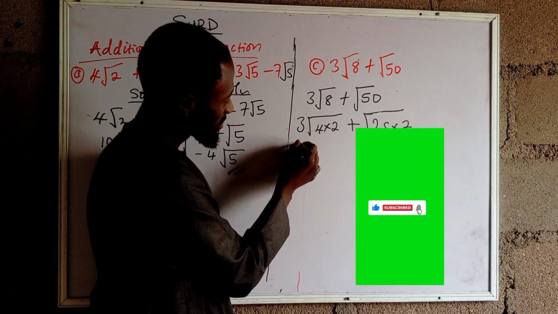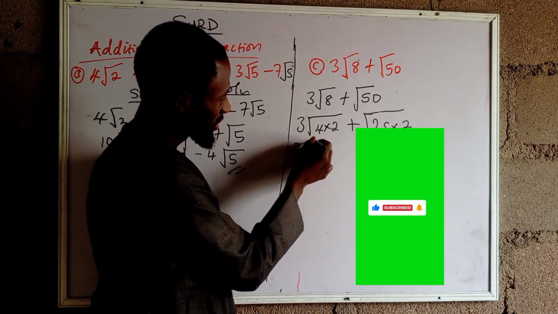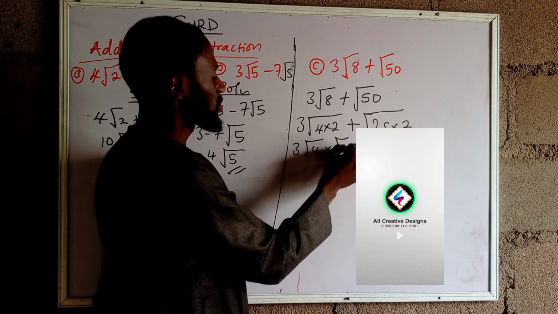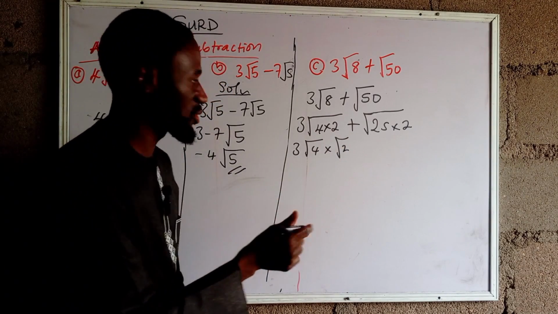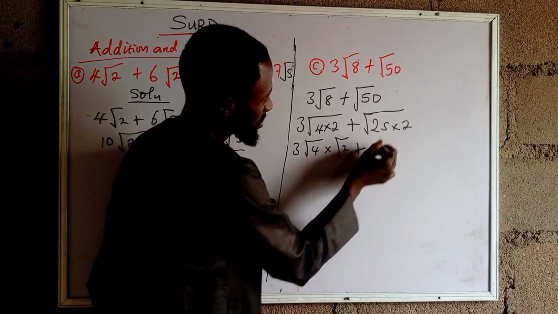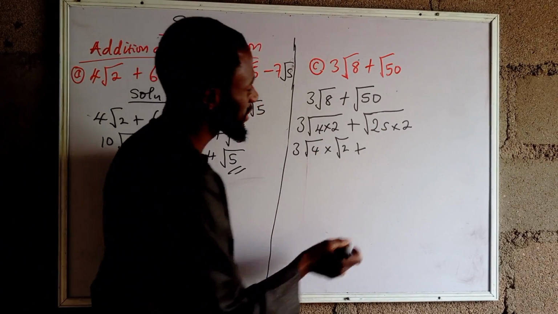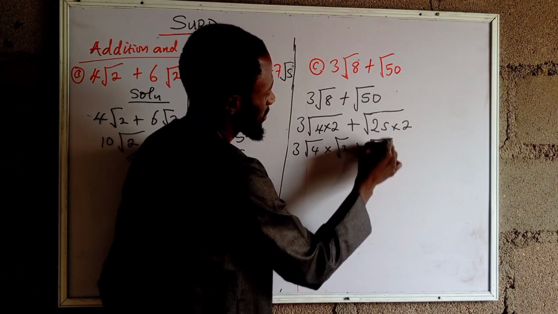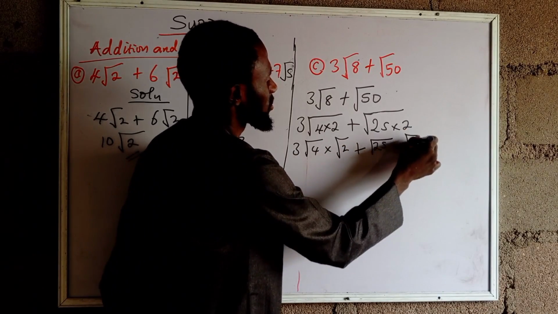And now we can simplify this as 3 into the square root of 4 multiplied by the square root of 2, since they are under square root. Then this is plus the square root of 25 multiplied by the square root of 2 here.